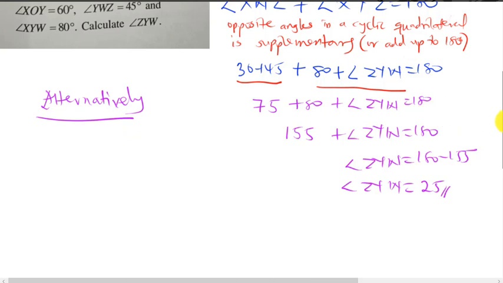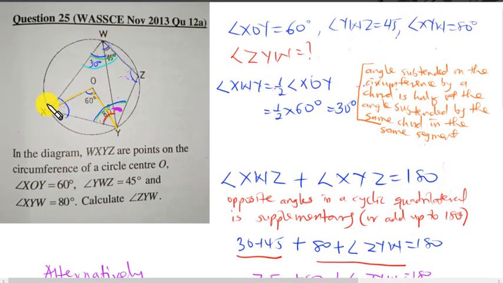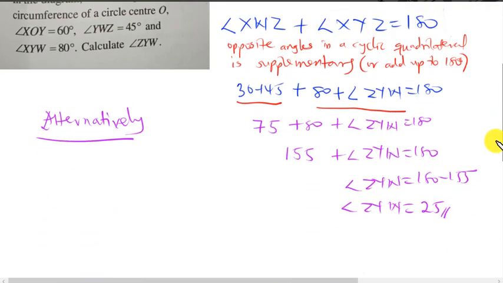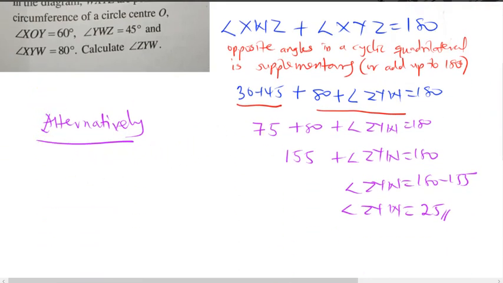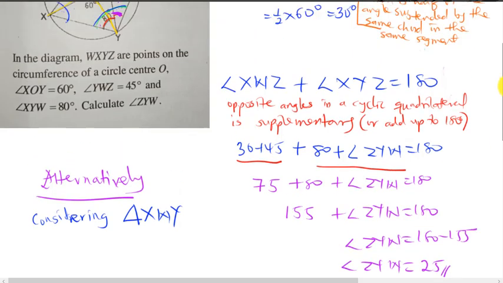Alternatively, we can consider triangle XWY. So triangle XWY, let me write something here. So I'm going to write considering triangle XWY. That is what we're going to consider to solve this question.